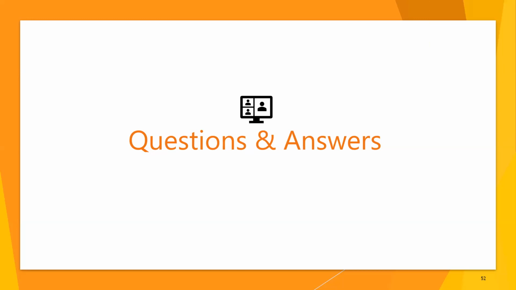Thank you. Our next question is, are neighbors notified of the proposed process and do they have any input? Yeah, great question. So if an ADU only requires a building permit, then there's no public process.